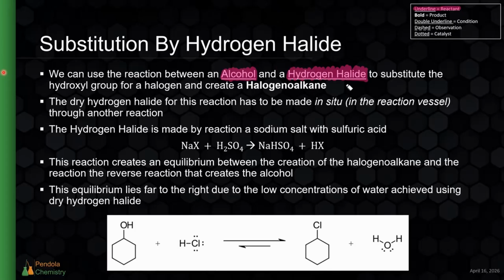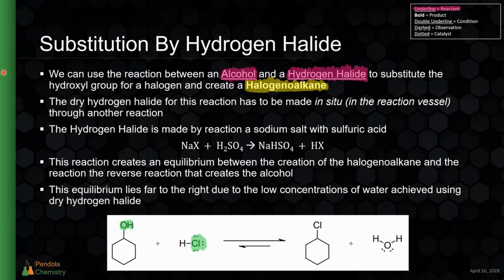When this substitution reaction happens, the hydroxyl group, the OH group, gets substituted by a halogen, creating a halogenoalkane. This is one of the ways that we saw we can create a halogenoalkane in early chapters. When we have an alcohol, we can grab this hydrogen halide and essentially substitute this hydroxyl group, the OH, in the alcohol for the halogen.